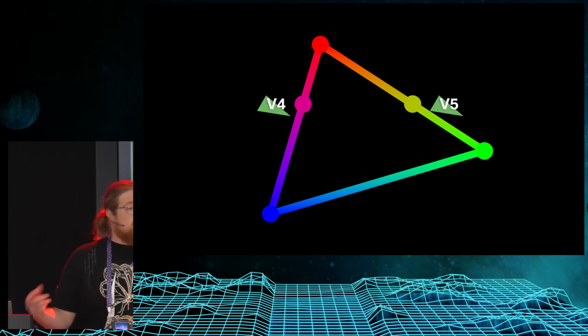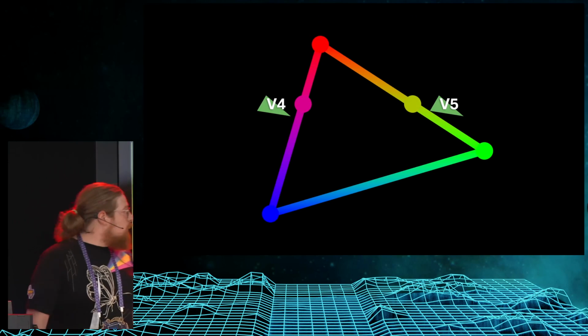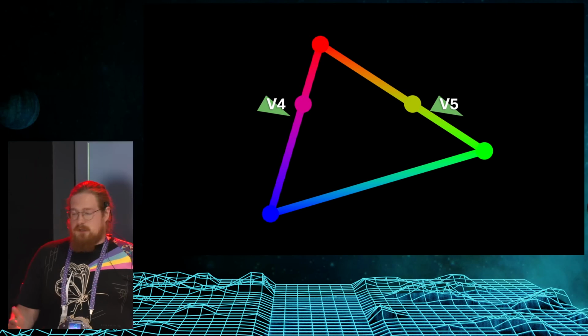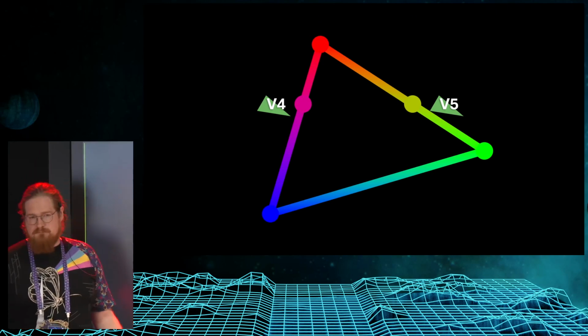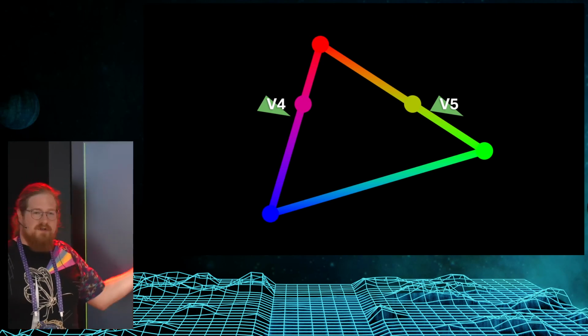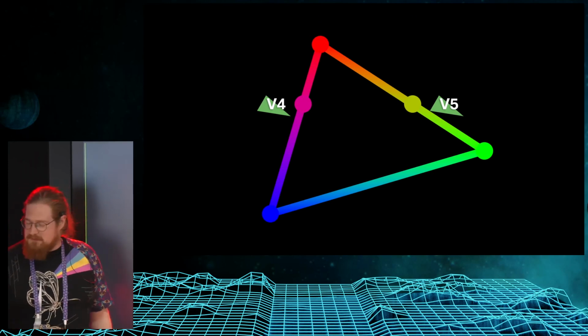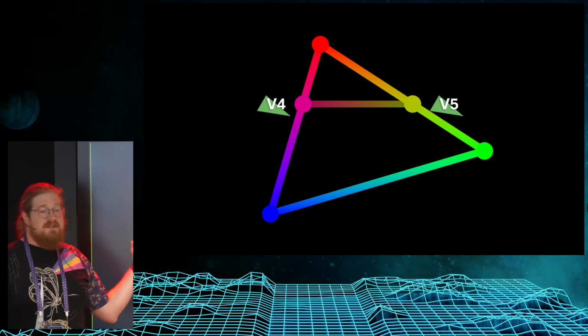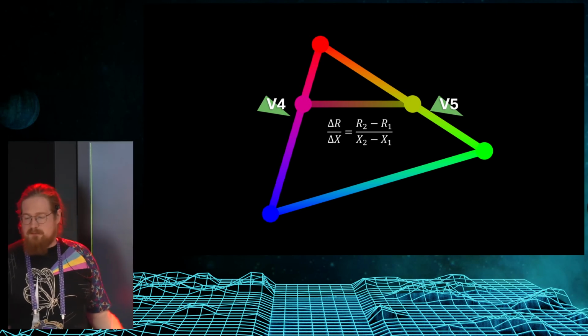That's great. With that information, we can compute the points along the edges. Of course, we want more than just the edges. We want to fill the triangle. So we can draw between any of these points as well, and we use a similar calculation.